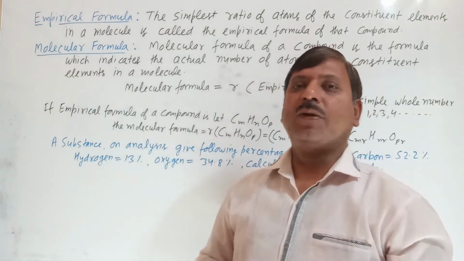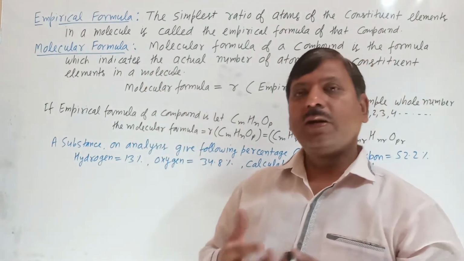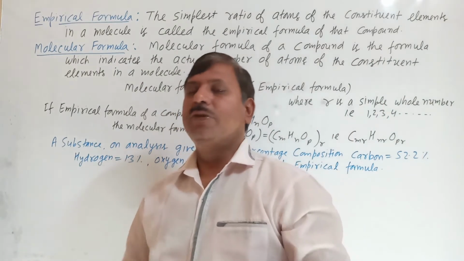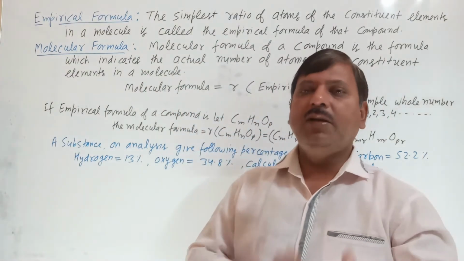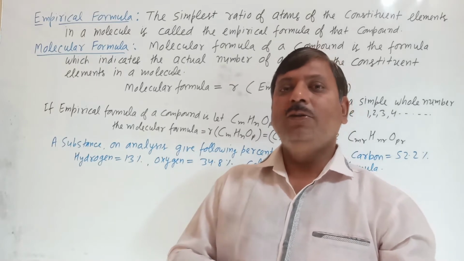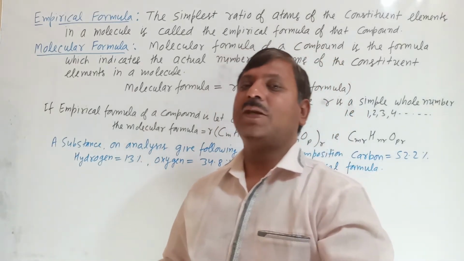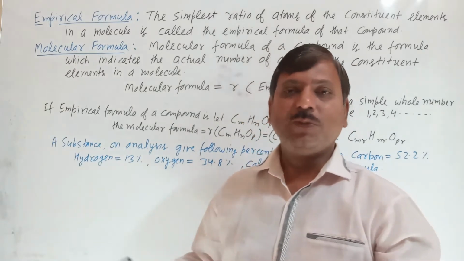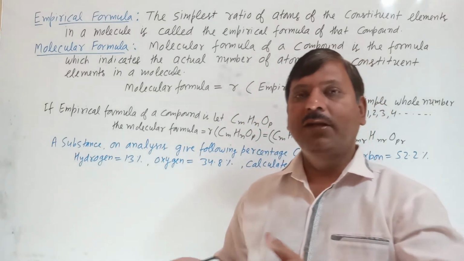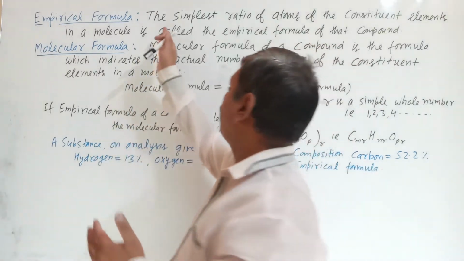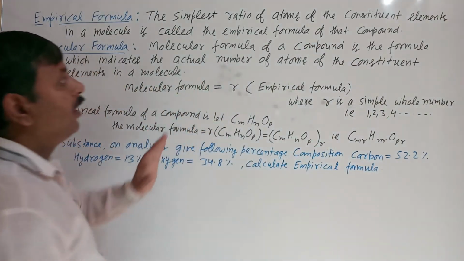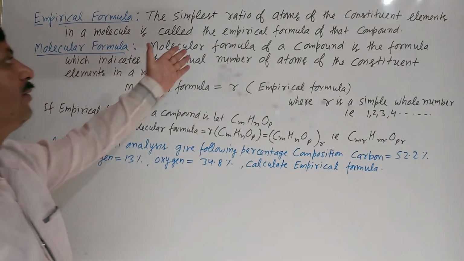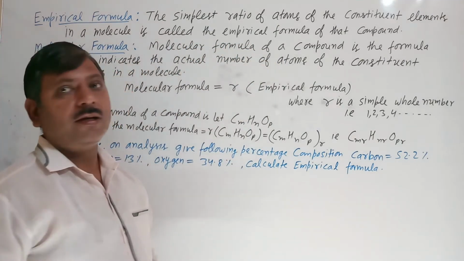We are making a formula by simplest ratio, that is called the empirical formula. ठीक है, यार सपोज करो इसे हम हाइड्रोजन और ऑक्सीजन की बात करें तो उनका सिंपल रेशियो क्या है एटम्स का, तो 2 एटम ऑफ हाइड्रोजन प्रेजेंट होते हैं, 1 ऑक्सीजन, तो उनका सिंपल एम्पिरिकल फार्मूला क्या होगा बेटा, H2O. ठीक है, 2 हाइड्रोजन एंड 1 ऑक्सीजन. तो द सिंपलेस्ट रेशियो ऑफ एटम्स of the constituent elements in a molecule is called empirical formula.